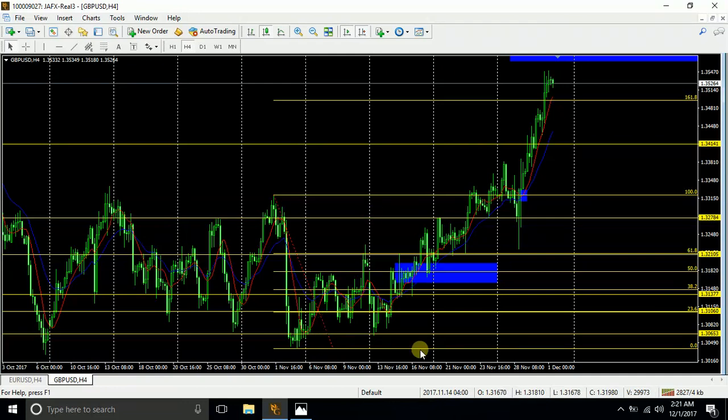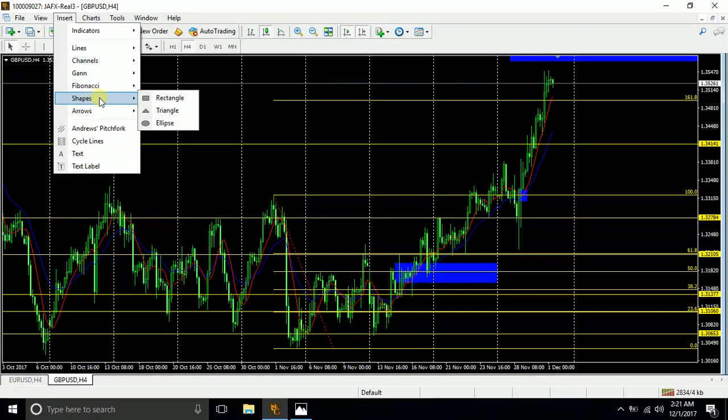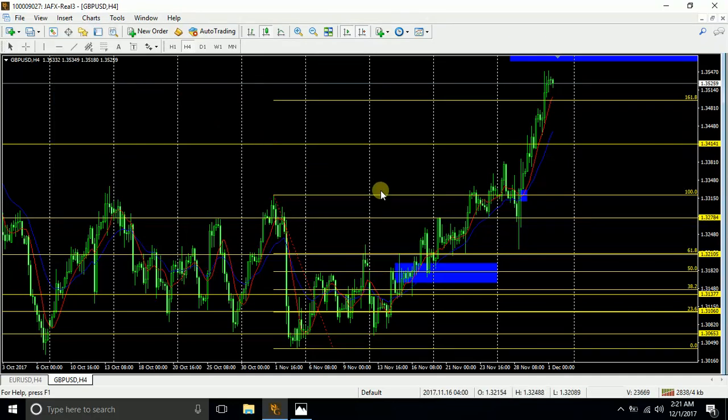Okay. Now, if we were looking for this trend to continue down, which we clearly can see the moving averages are pointing up, but if we were anticipating this to trend down, our resistance level would be here, the 61, the 50 here, or the 31.8. Clearly it wasn't the 31.8.